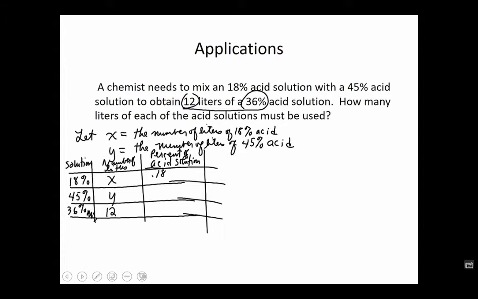Be sure to convert that correctly. The percent of the acid in the second solution is 45%, so that's 0.45. And in the final mixture, it is to be 36%.